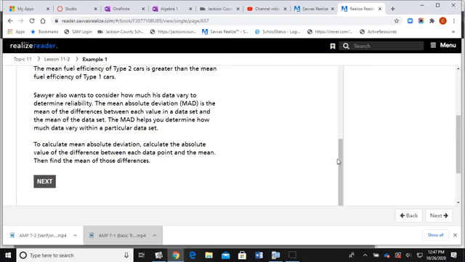If the average is 50 and one of the numbers in the data set is 46, how far is 46 away from 50? 4. Okay? It's called absolute because you always take the absolute value of whatever the difference is. So you're literally wanting to know how far they are away. It doesn't matter if it's above it or below it.